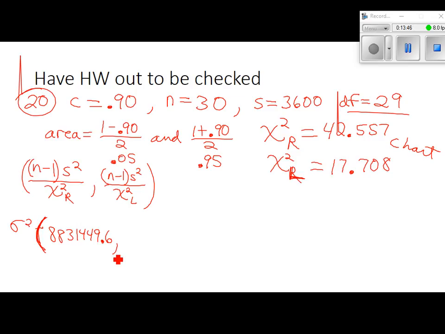29 times 3600 squared divided by 17.708. This one's going to be 21,224,305.